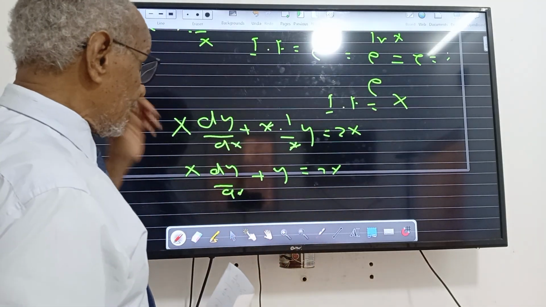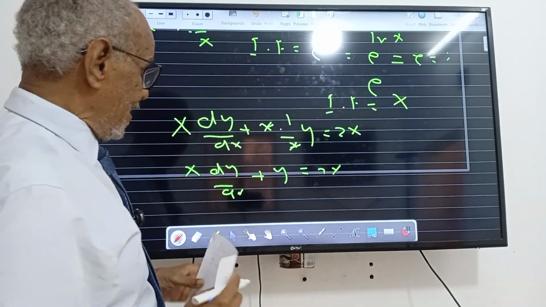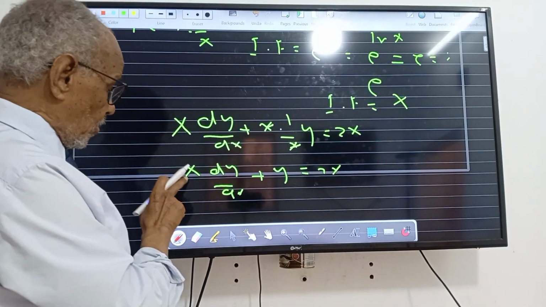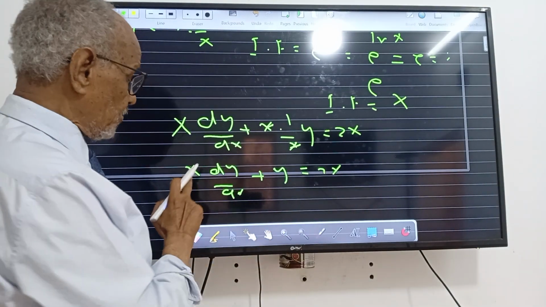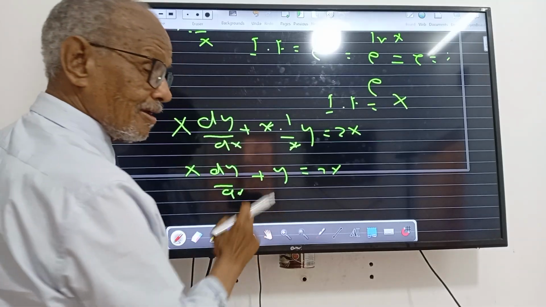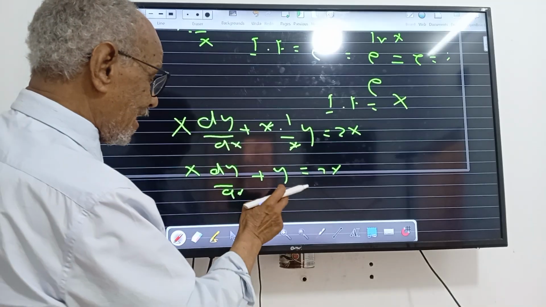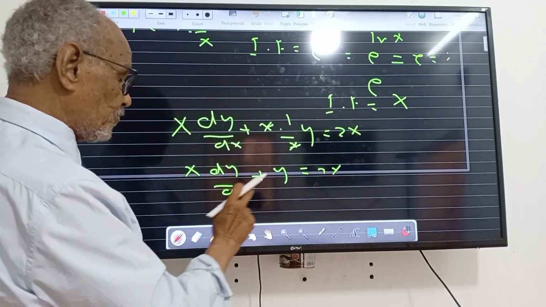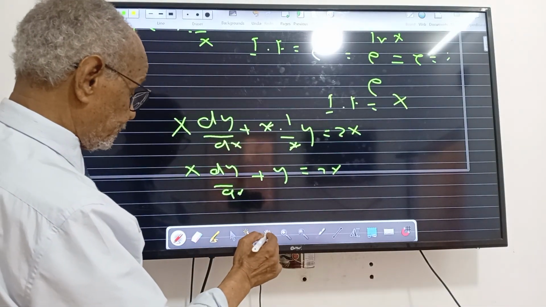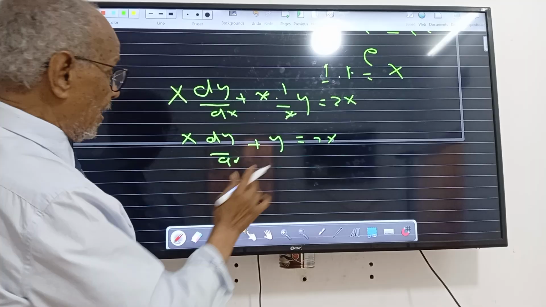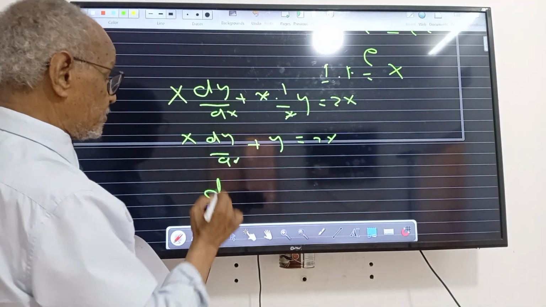So I think these two terms are a product of two functions. The first function is x, and differentiation of x equals 1. The second function is y, because differentiation of y equals dy over dx. So this is the differentiation of a product.